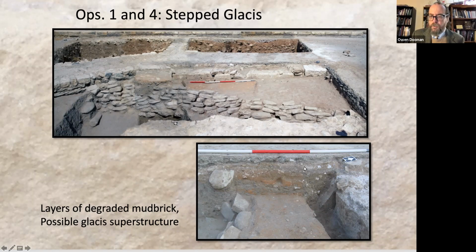And you can see we literally had about 20 centimeters of degraded mud brick, but our interpretation of this feature is that this is a footing for a mud brick wall, given that its orientation is parallel to the fortification wall. It appears that this would have been the archaic phase of the city wall of Sinope.